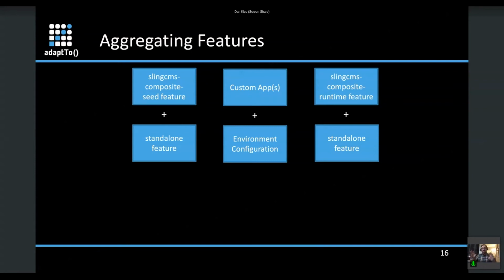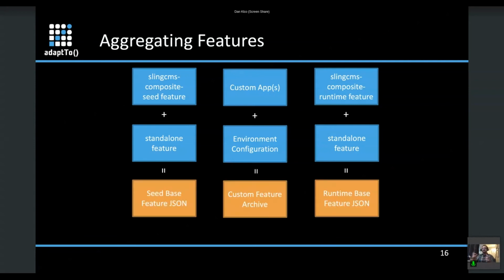And then there's a standalone renderer, author, a number of different features around the configuration of Sling content distribution that allow you to basically hook those together with the seeds and the runtime features to create the type of application you want. Since I'm just creating a standalone instance, I take the standalone feature and the composite seed feature plus the runtime and the standalone, and that builds out the features for running the Sling CMS instance.